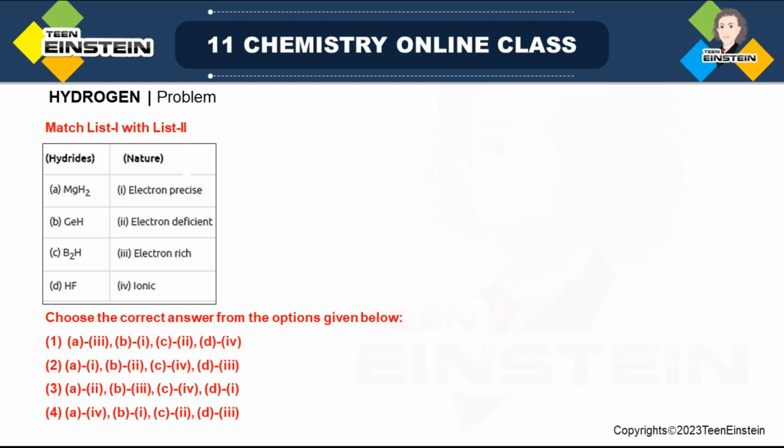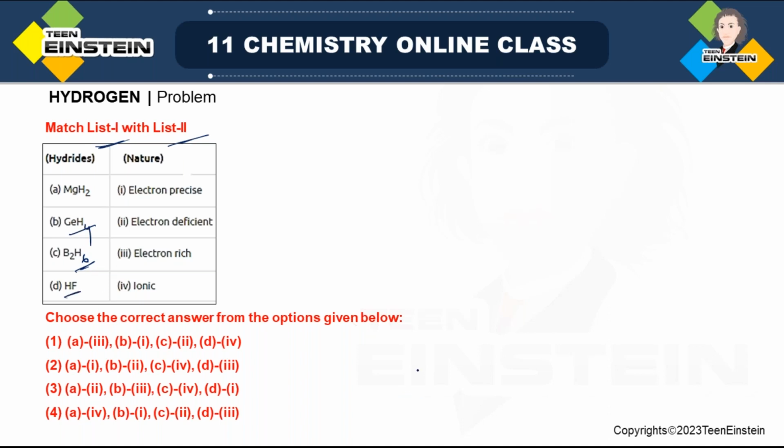So this is hydride. Now, related to these 3 types of hydride, we'll solve a problem. Match list 1 with list 2. In the left hand column, we have different hydrides: magnesium hydride, germanium hydride, B2H6, that is boron, sorry, it will be B2H6, then we have HF.